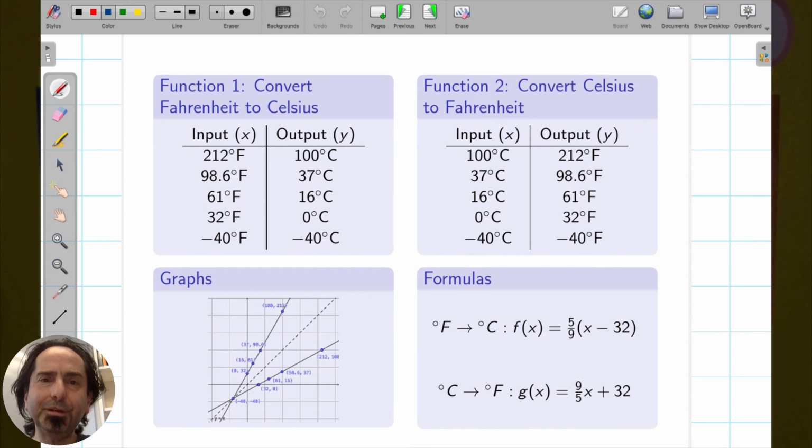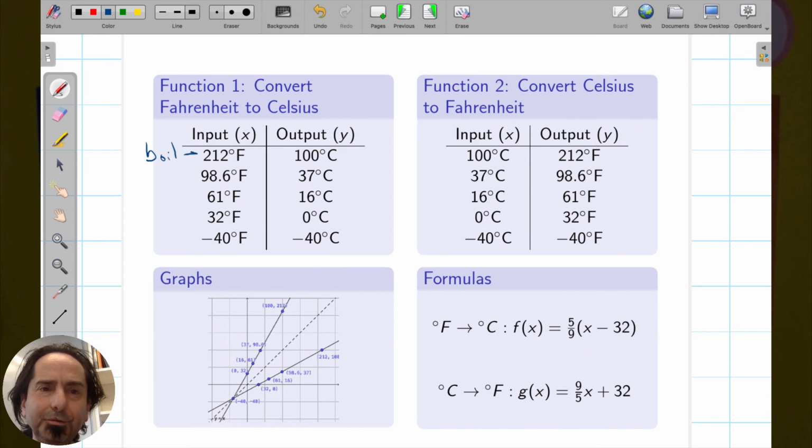So here's a function and its inverse. It's good to know that these are about converting temperatures in Fahrenheit to Celsius or Celsius to Fahrenheit. So these actually undo each other.